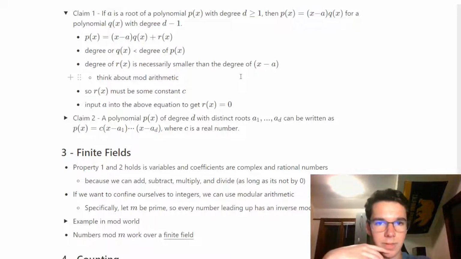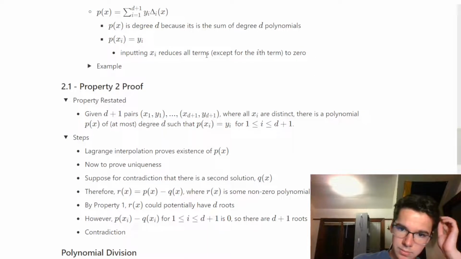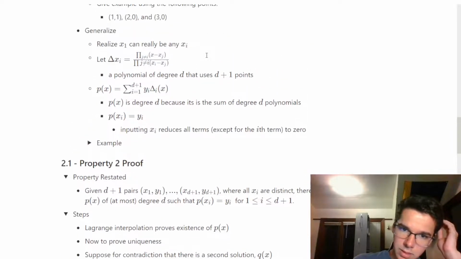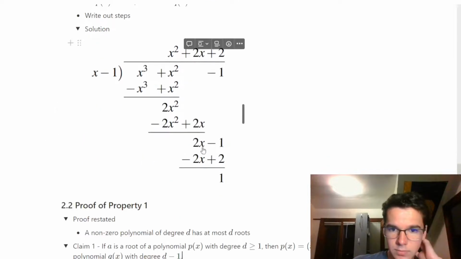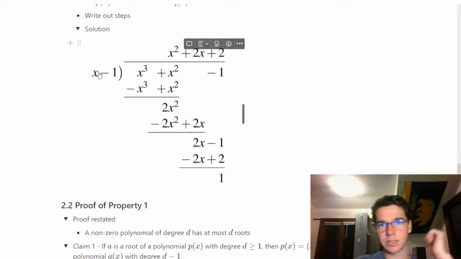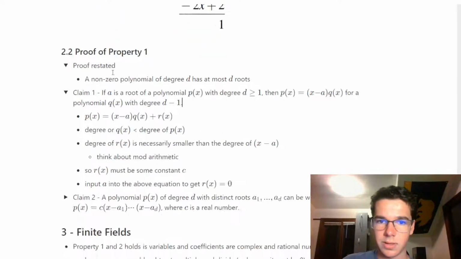If we think about that, we take out one root. Say this is the root that we're taking out of this. This is going to be our q of x, and this is going to be our r of x, which has a smaller degree than x minus a.